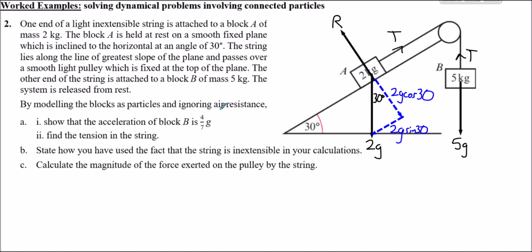So sometimes with these questions I just think, work out what you can work out. So finding the acceleration, all I know is the acceleration will be going down here because 5 is heavier than 2, so it'll be pulled down.